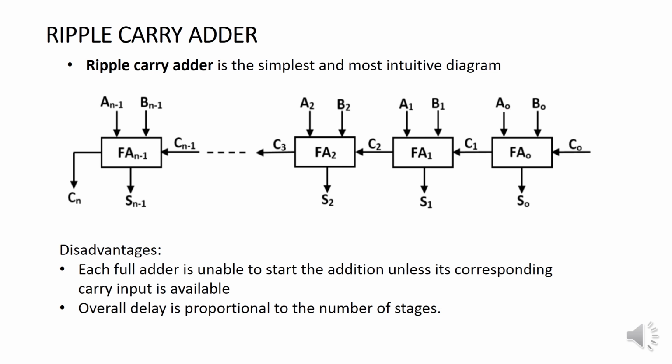A and B are the digits of the numbers to be added. S are the sum of each column. C0 is the input carry. C are the intermediate Ripple carries, and Cn is the output carry.